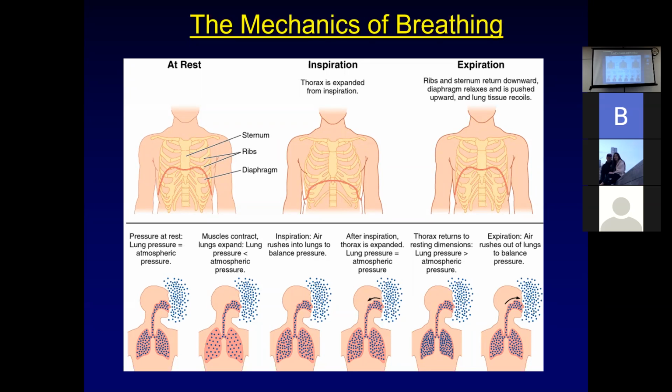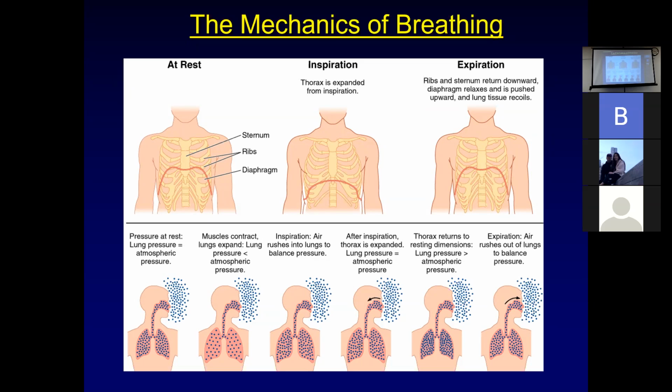But at rest, you just get this natural, not thinking about it, diaphragm contract, relax, contract, relax. If asked to do so, you have some level of voluntary conscious control of your diaphragm and your internal and external intercostal muscles. And so you can forcibly bring more air in or expel more air out.